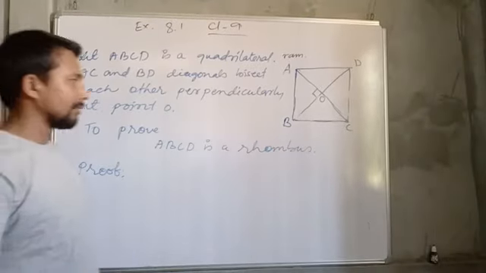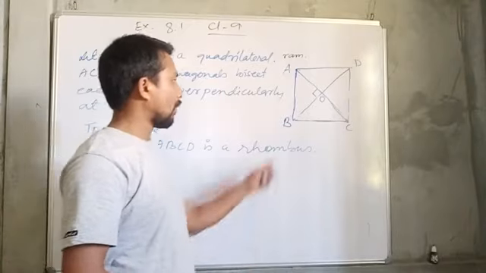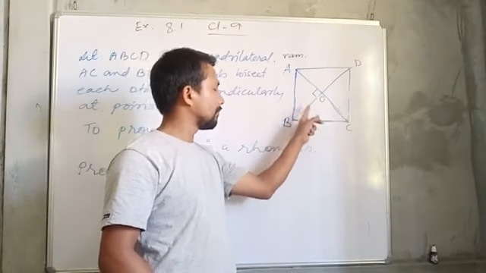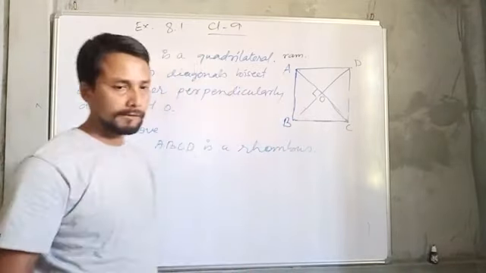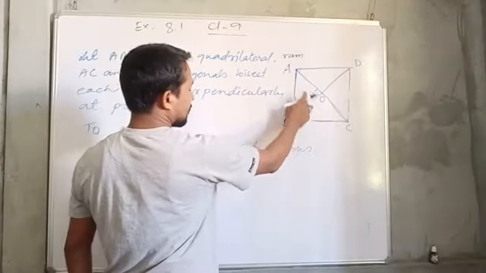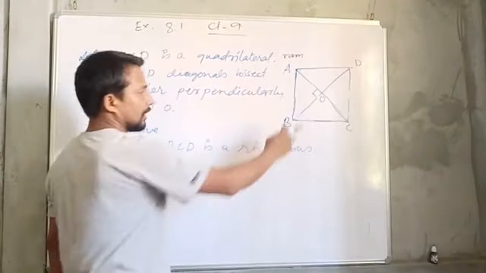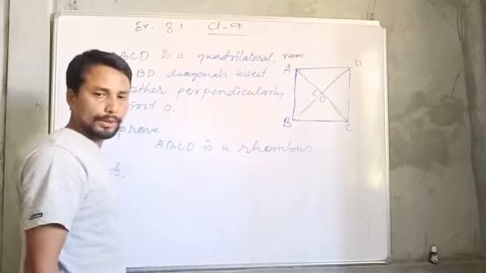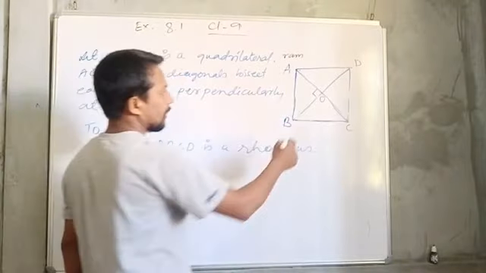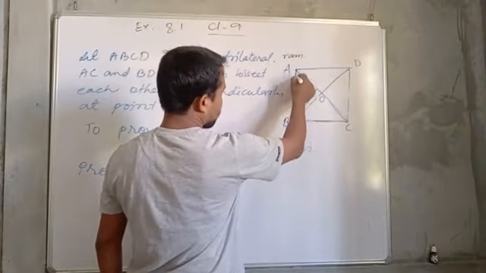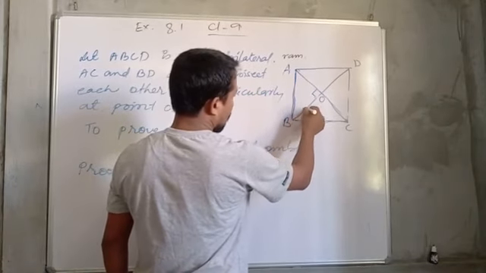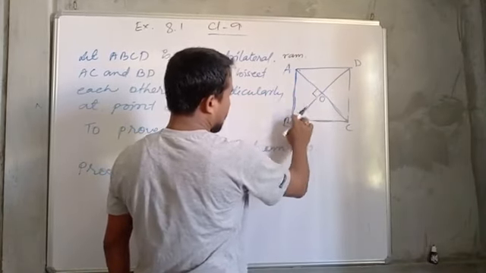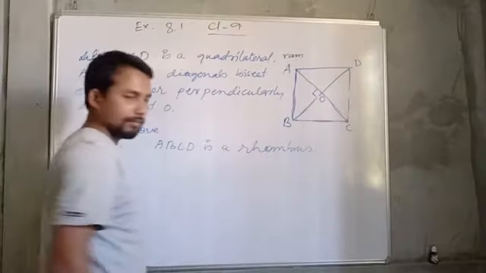Here you can see there are two triangles, AOB and COB.